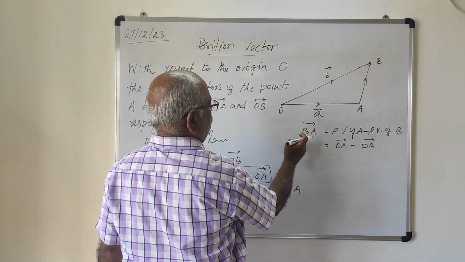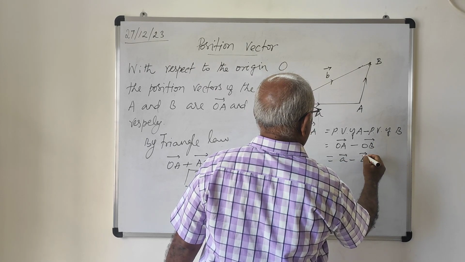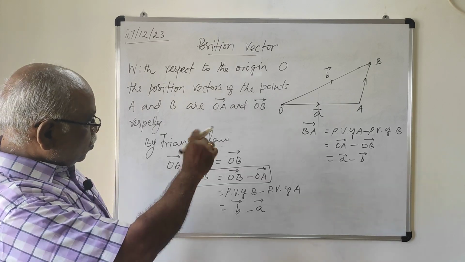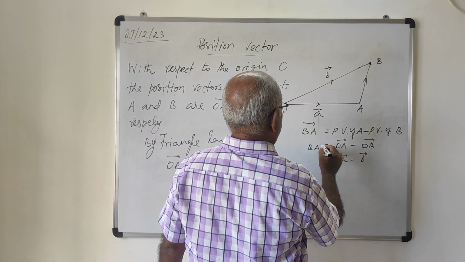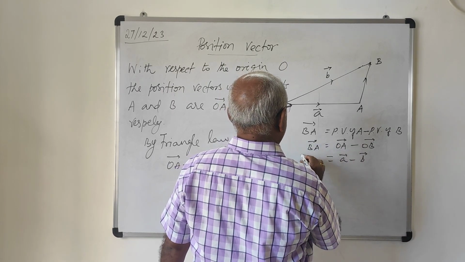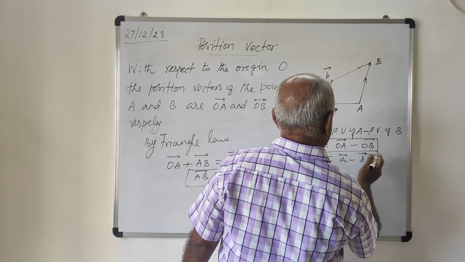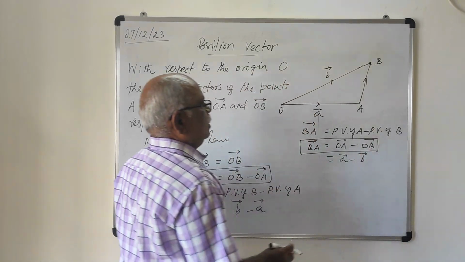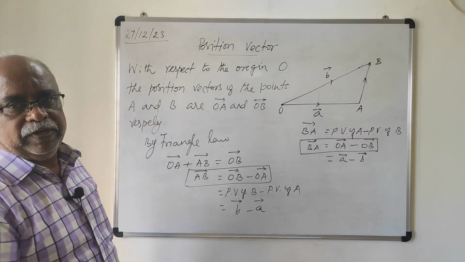That is vector a minus vector b. See, BA is OA minus OB. So AB is OB minus OA, and in the reverse direction, BA is OA minus OB. This is a representation of a vector by using the position vectors.